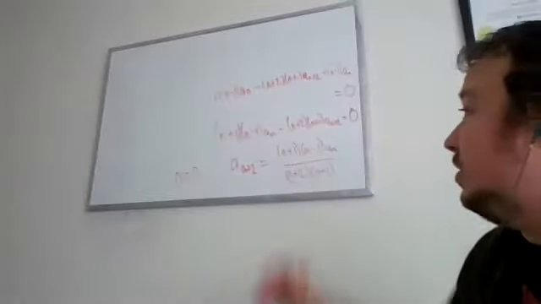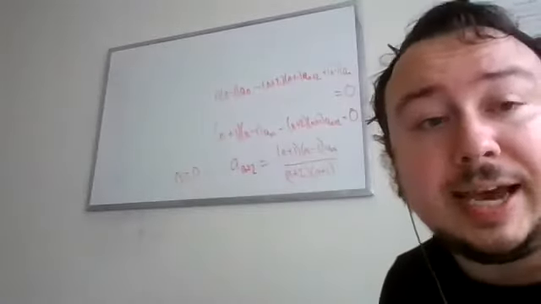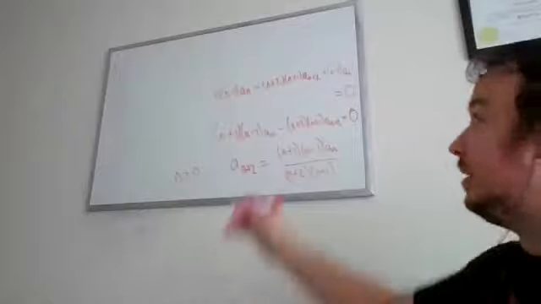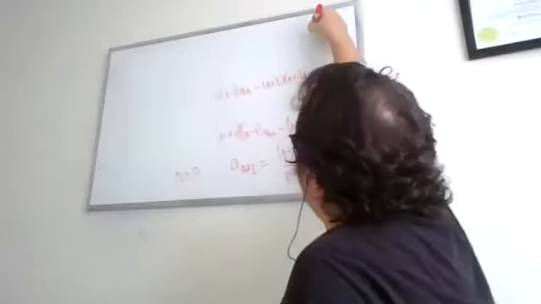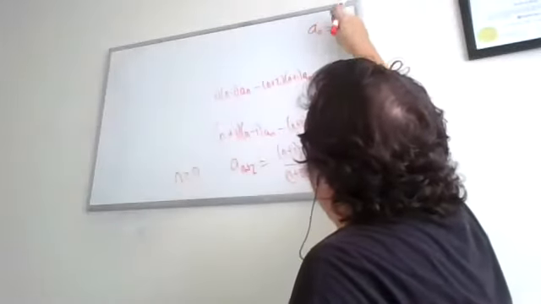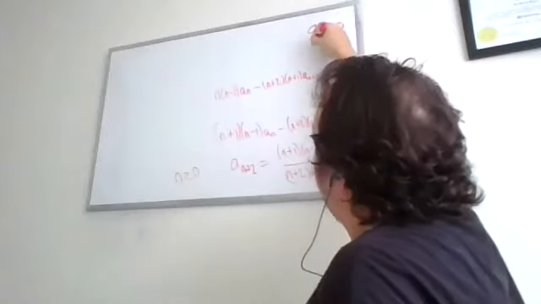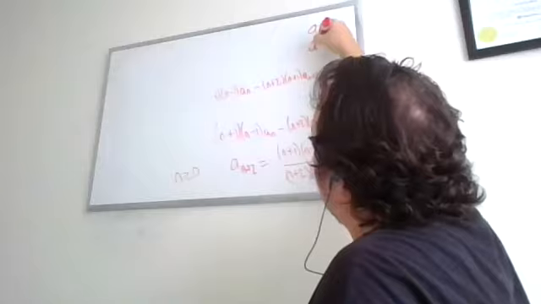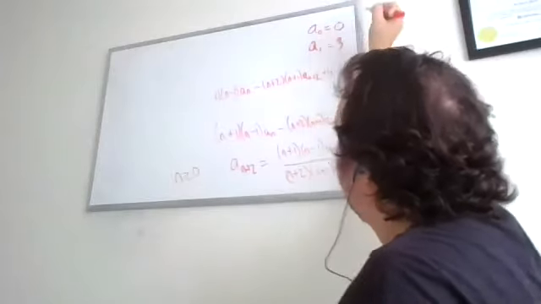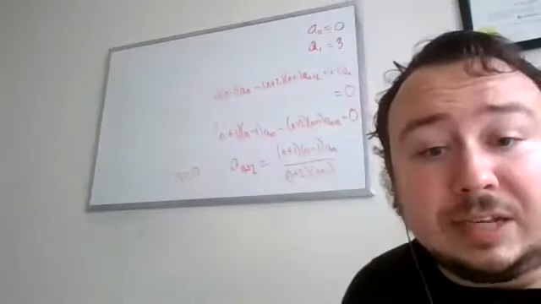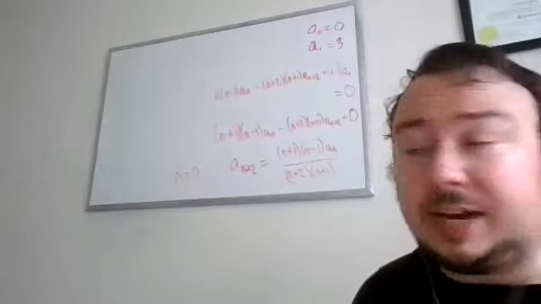Okay, now, all right, so let's try to figure out some of these a_n's and see what our series is going to look like. y of 0 is 3. No, sorry, y of 0 was 0, so a_0 is 0. y prime of 0 was 3, so a_1 has got to be 3. So let's see what a_2 has got to be.